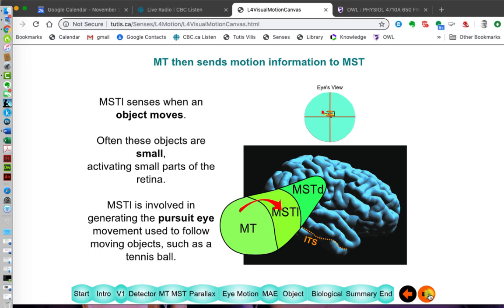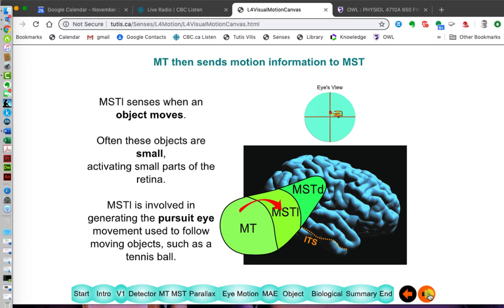MSTL senses an object moving. Okay, so if you're watching this plane go by, or if you're watching a tennis ball go by, the tennis racket itself, any object that's moving.